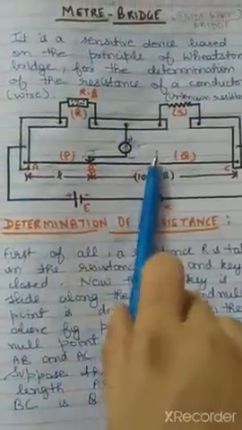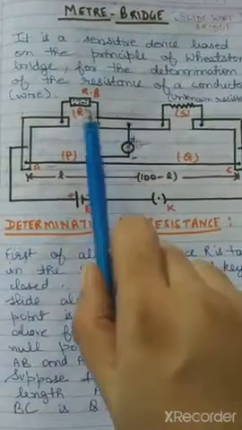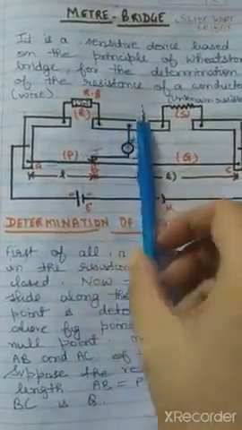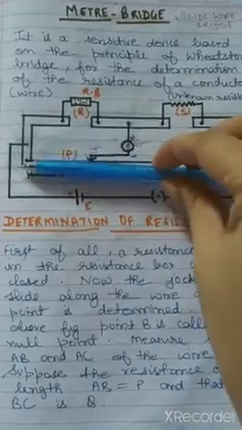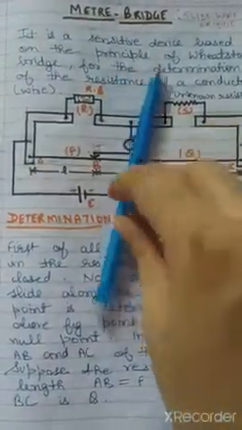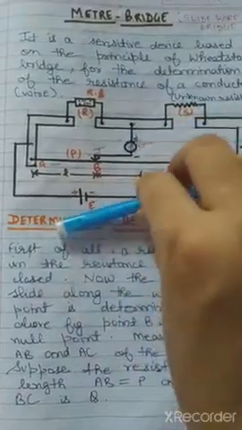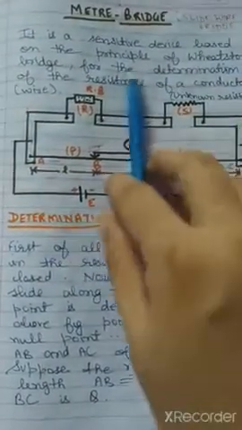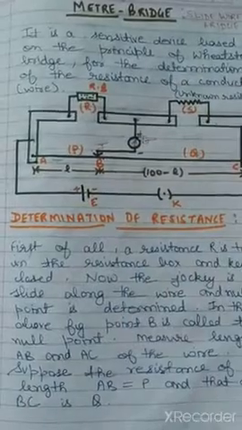Initially the galvanometer is like this, and when you touch this on 0, if the galvanometer deflection comes, the pointer goes like this, that means your circuit is correct. And if it also goes in the other direction at 100, that means it is giving complete deflection and your circuit is correct.